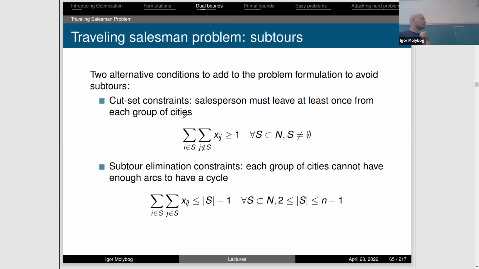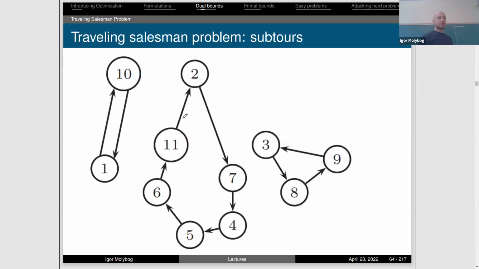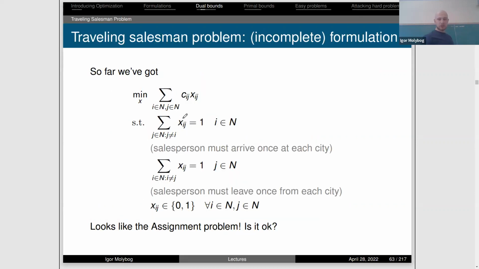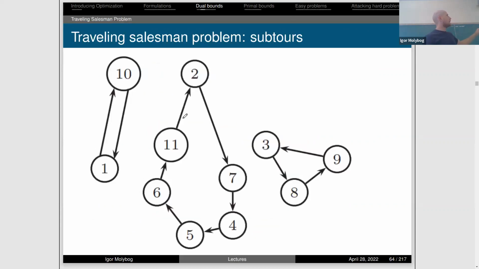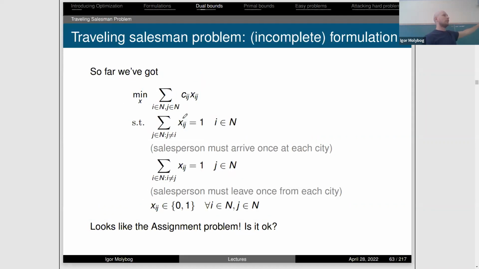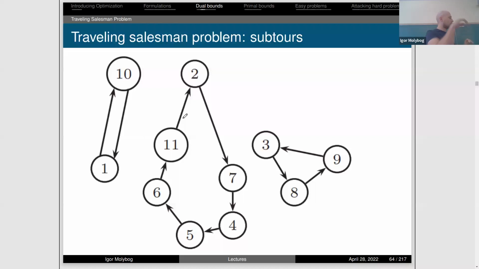Yeah. So basically, what we discussed was that each of these inequalities is prohibiting a single separation of the entire graph into subtours. The problem with the original incomplete formulation was that a solution like this is considered to be a feasible solution for the incomplete formulation.